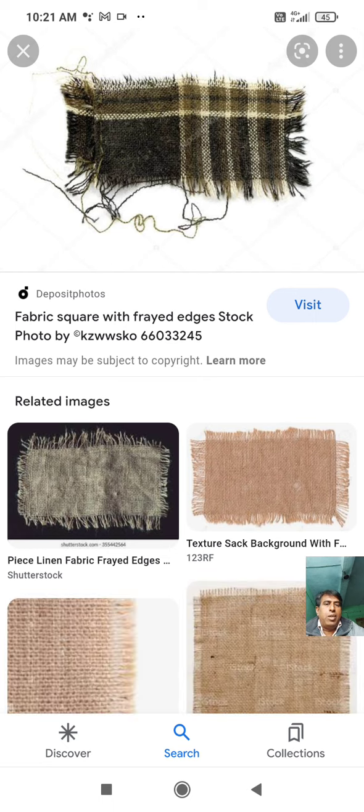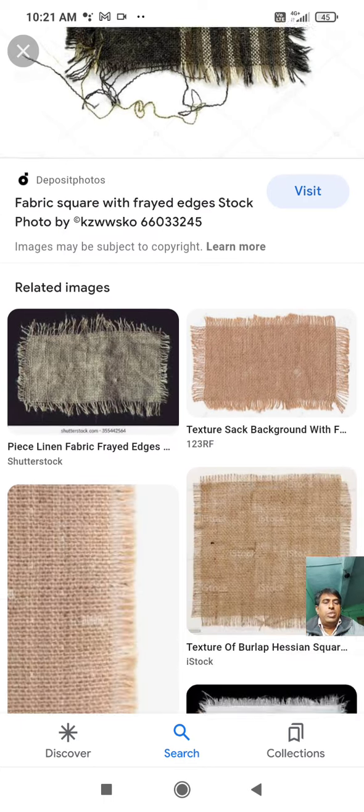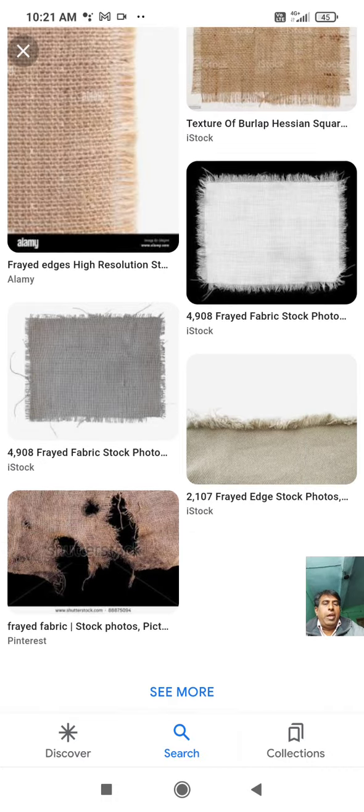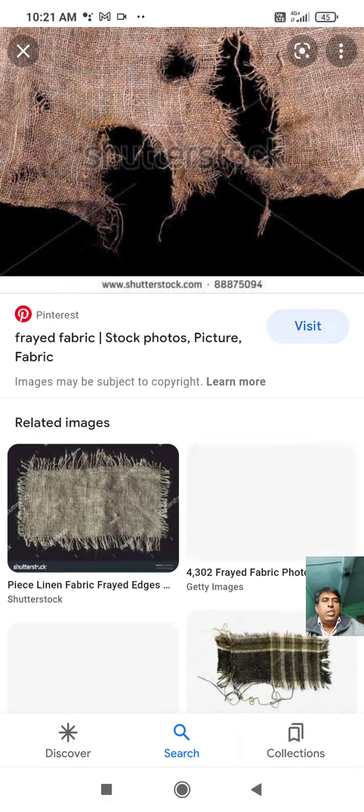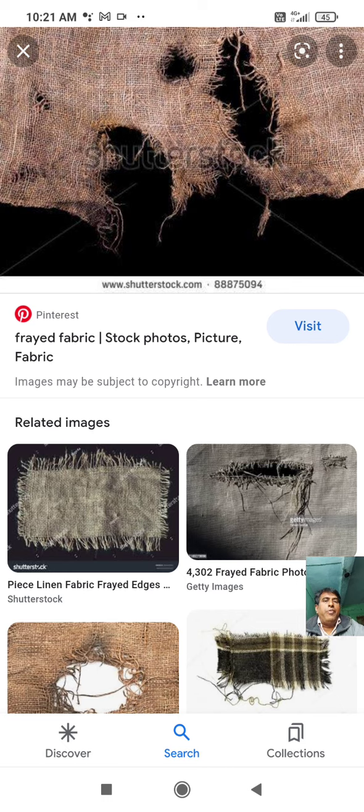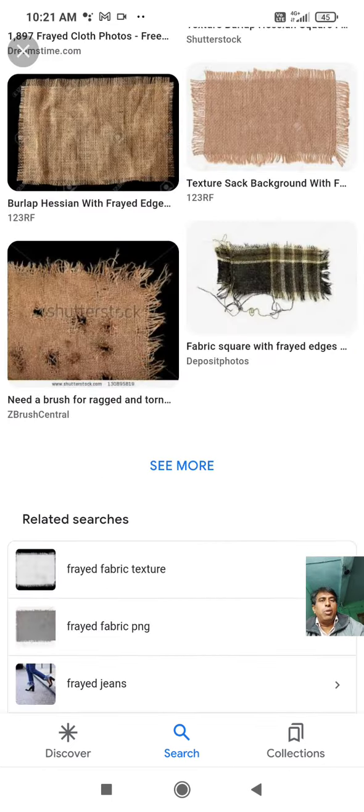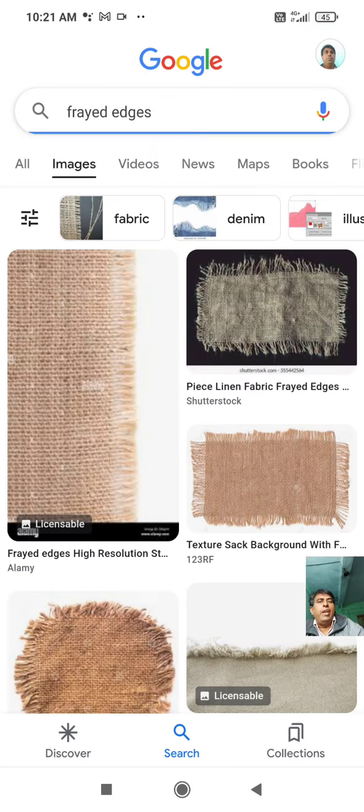This is a perfect example. Here the edges are frayed. This is an example of frayed edges. Dear students, you might have understood now. This is another example of frayed edges, frayed fabric. This is completely frayed edges.